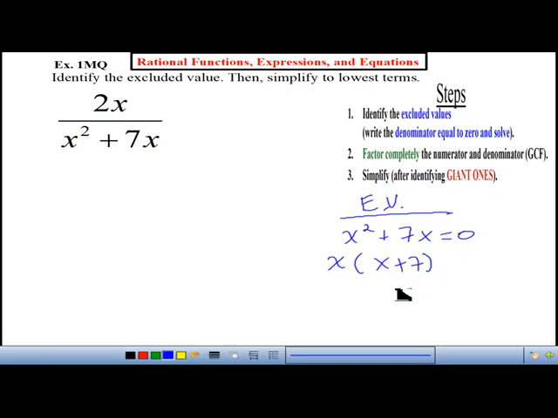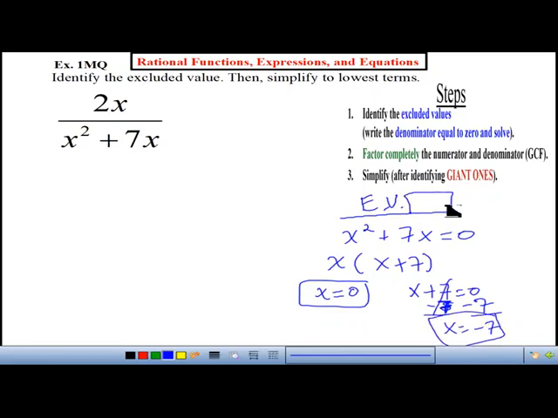Continue from there, Malachi. This step is called factoring. So x equals 0, and x plus 7 equals 0 too. Then we solve. Subtract 7, x equals -7. So my excluded values are 2 here, which are 0 and -7. Hands, have you got that?